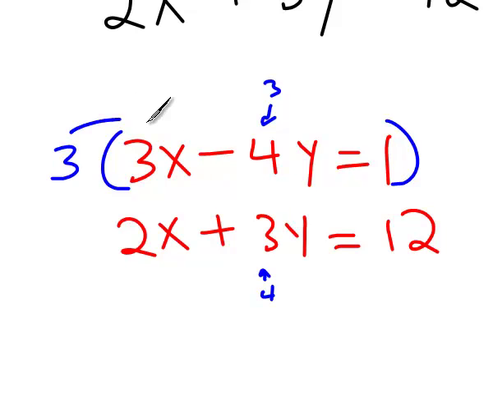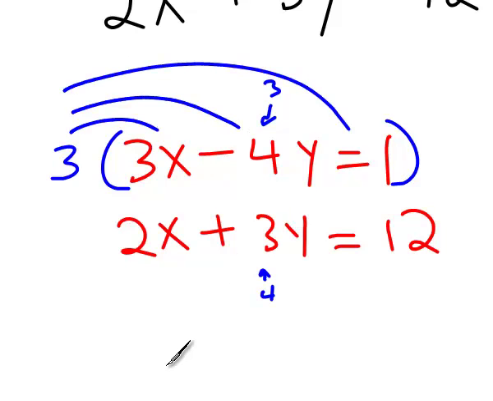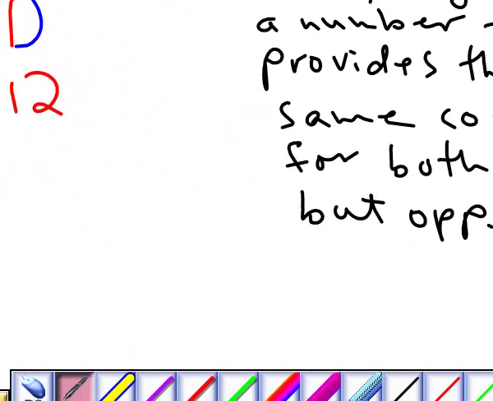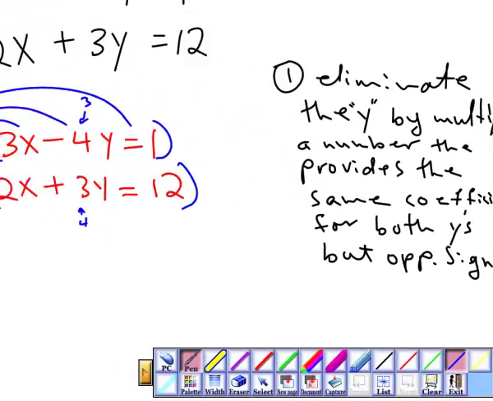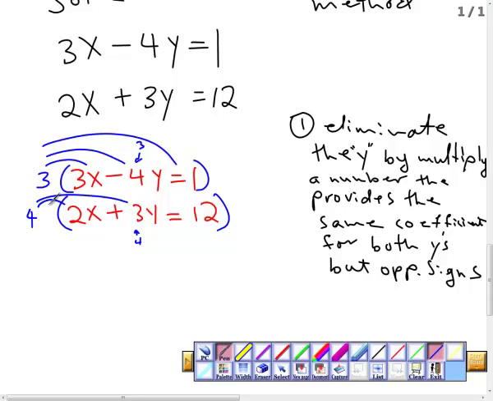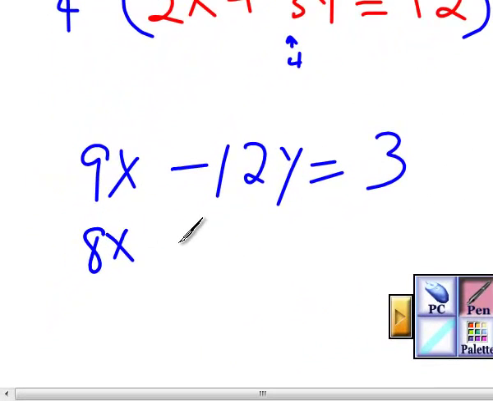You have to multiply all the terms times 3. And so this one here, you'd have to multiply all the terms times 4. So that gives you 3 times 3, that's 9x, minus 12y equals 3 times 1 is 3. And then 4 times 2, that's 8x, plus 12y equals 4 times 12, that's 48. All right, questions with that?